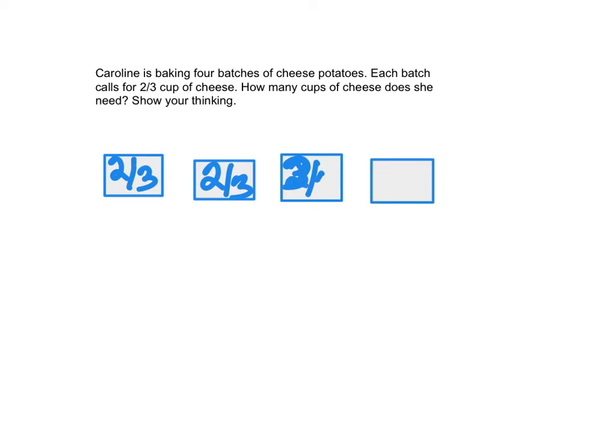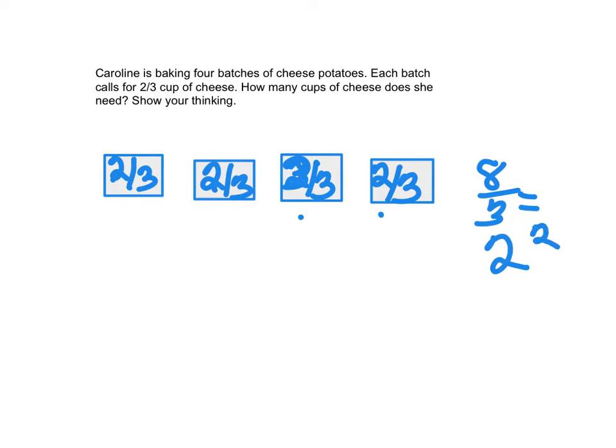Whoops, 2/3. And you can just count 2, 4, 6, 8. I will need 8/3 cups, but we don't want to leave it as an improper fraction, or a fraction greater than 1. We've got to turn it into a mixed number. So this will become 2 2/3 cups of cheese.